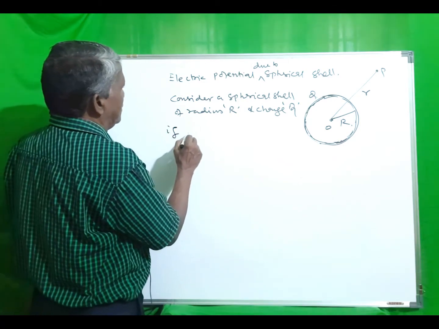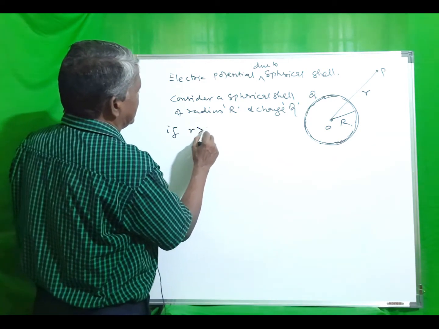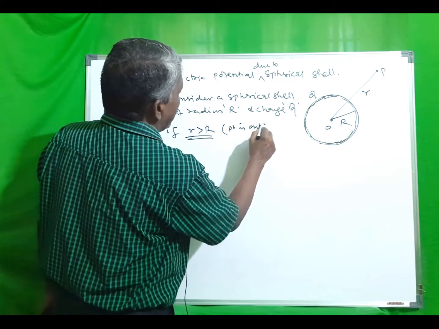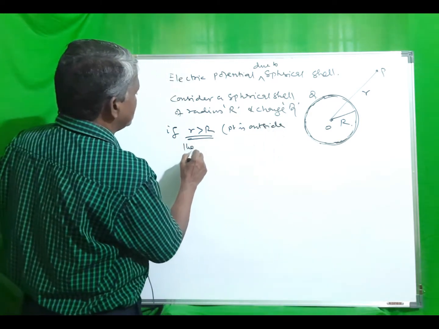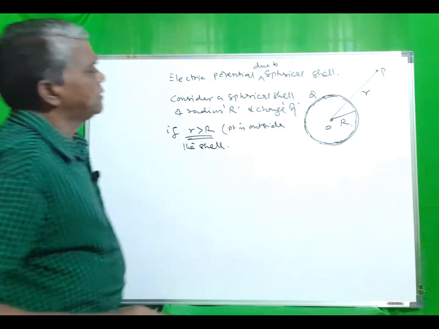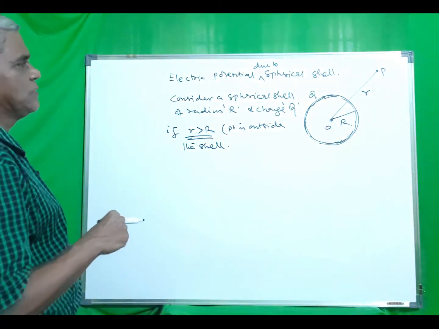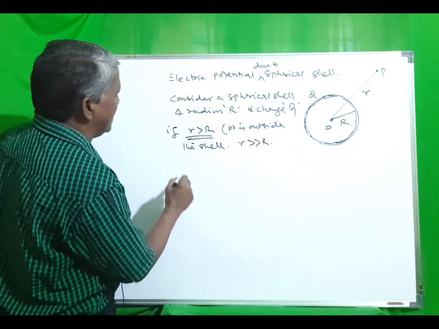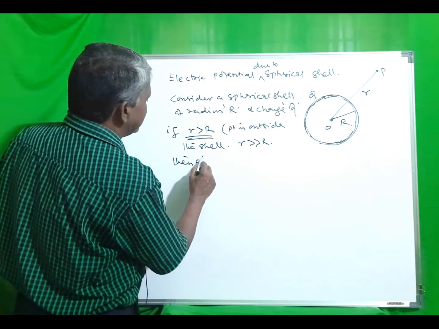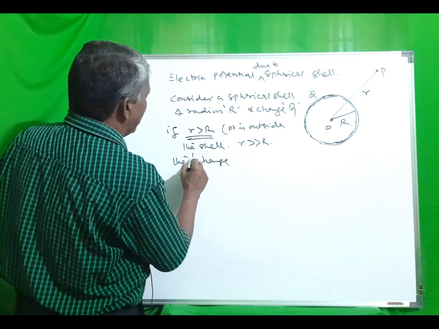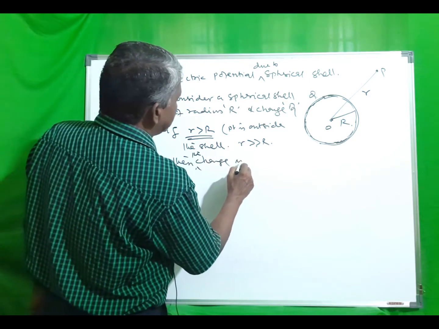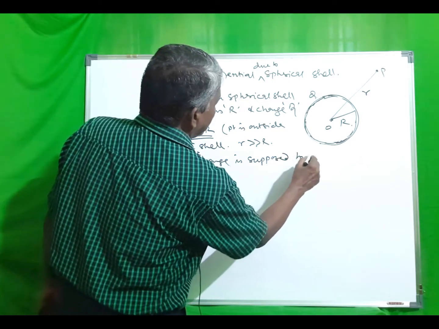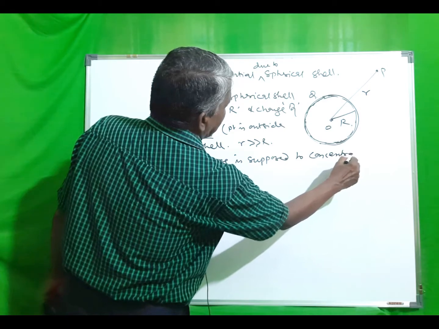If the point is outside the shell, and r is much larger than capital R, then the charge is supposed to be a point charge concentrated at the center.